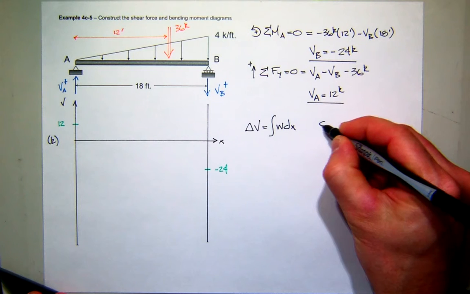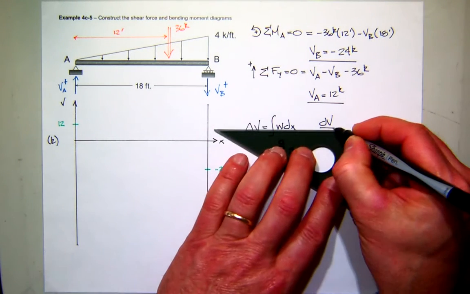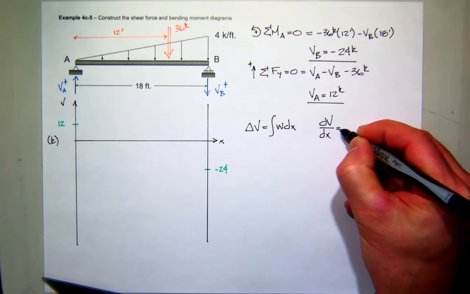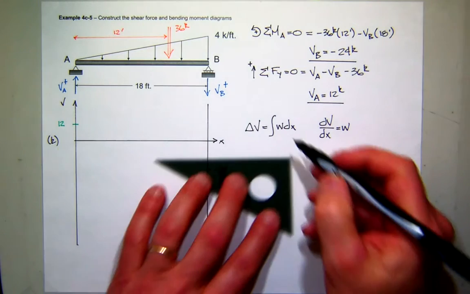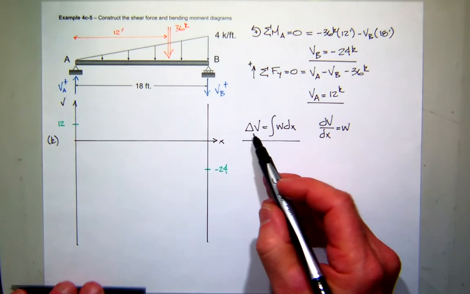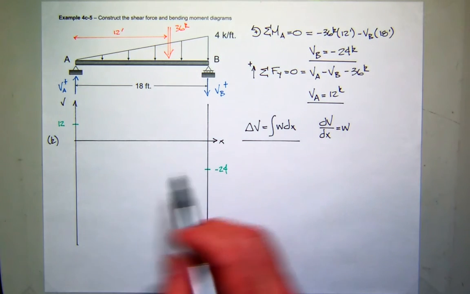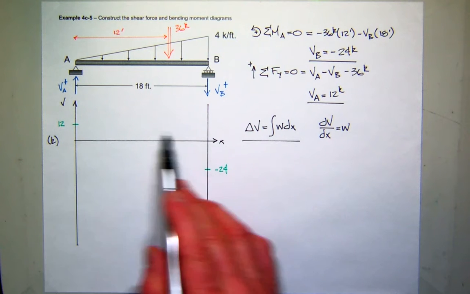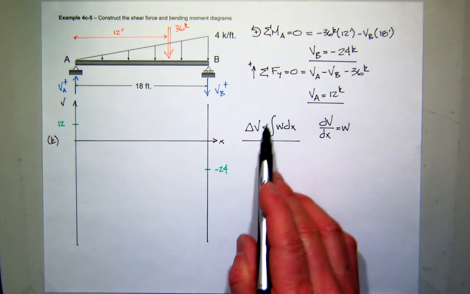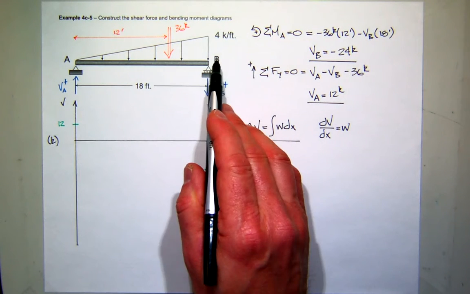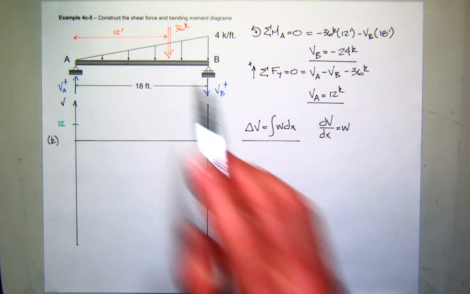And we also know that the slope of the shear diagram is equal to the load. So using the first one, the change in shear is the area in the load diagram. So that means the change in shear from A to B should be the area under the load diagram from A to B.